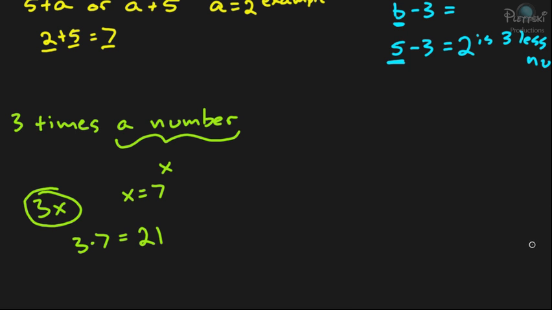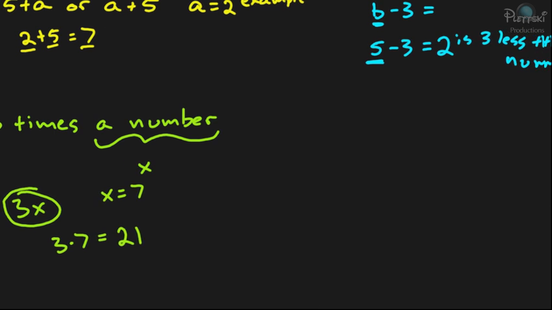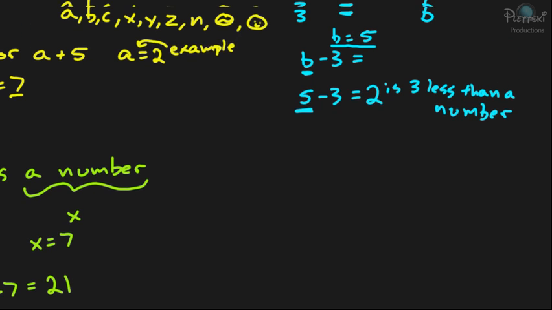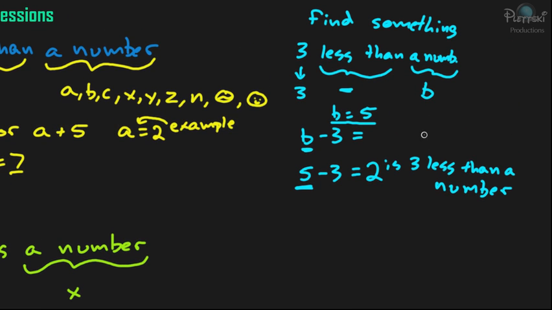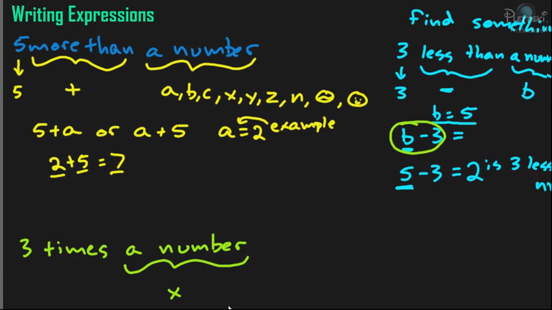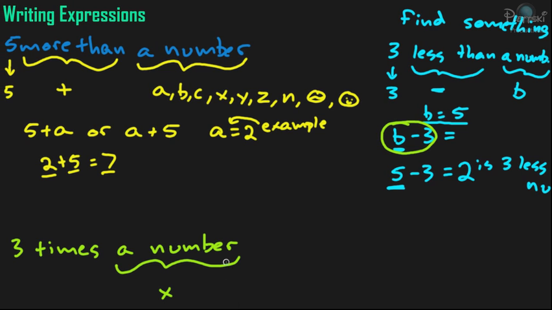Just like in the previous one, when it's 3 less than a number, find something 3 less than a number, you would just write this, b minus 3. And then in the first one, where it's 5 more than a number, now this one you could either write a plus 5 or 5 plus a.